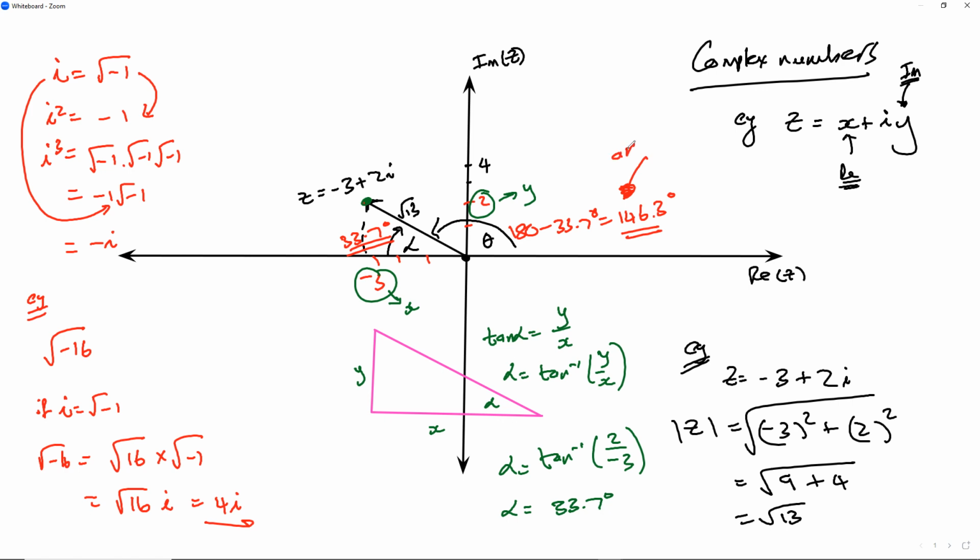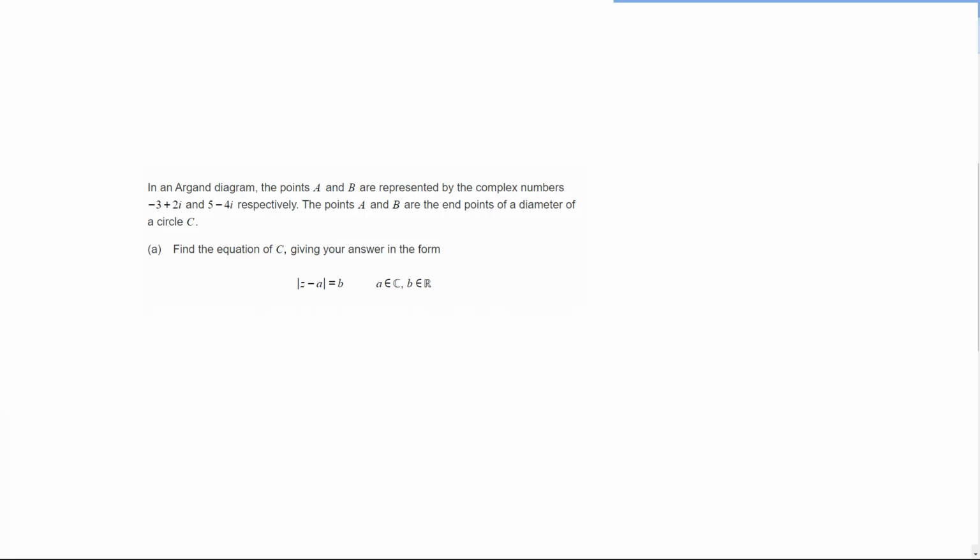So that's going to be the argument of the vector, because 0 degrees begins over here and goes in an anti-clockwise direction all the way back. So the angle that this would be making would not be 33.7, it would be 146.3 for this particular part here.